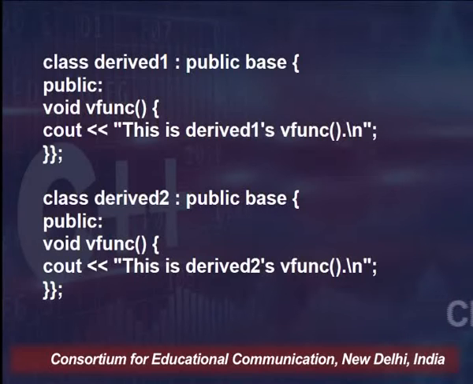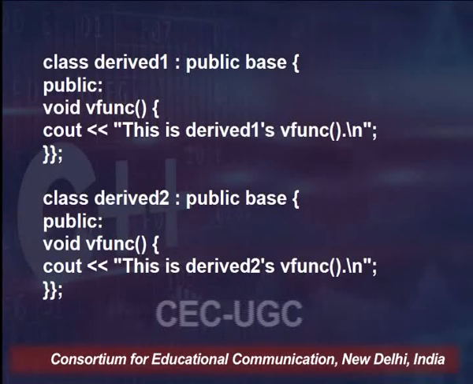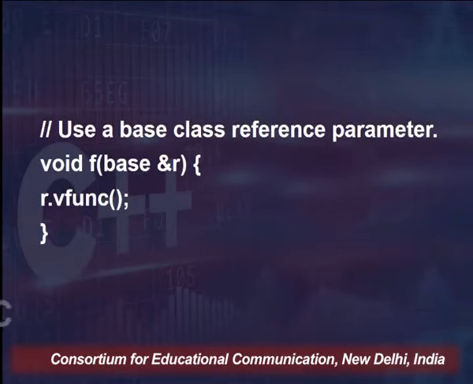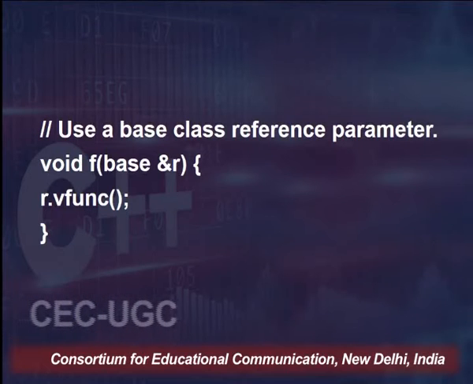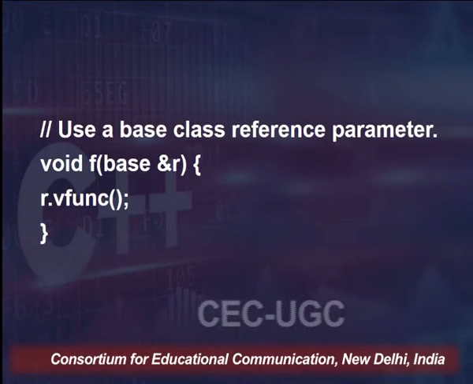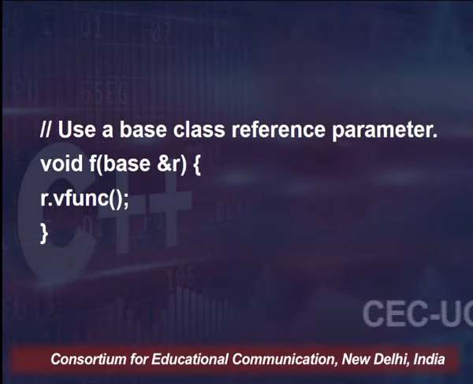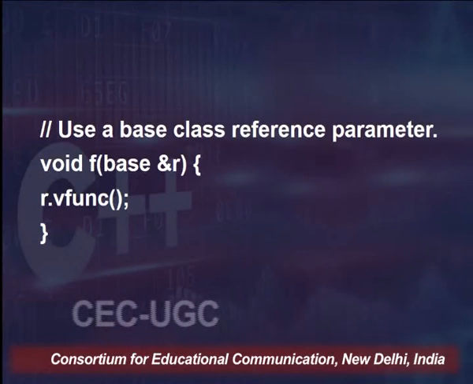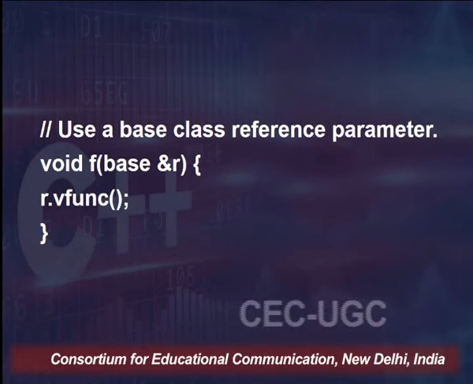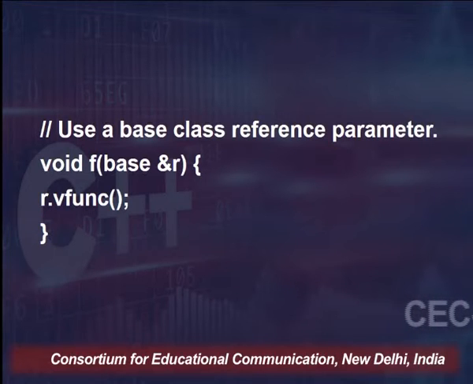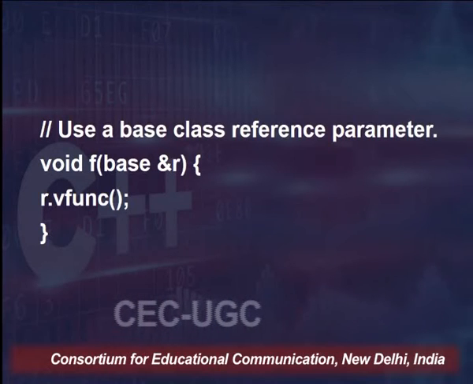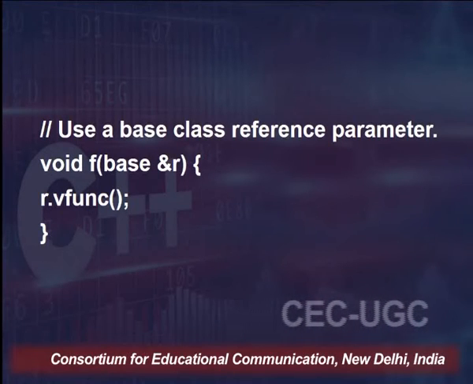This time we are not banking upon the pointer, instead we are trying to explore the reference. Now, when we want to use a base class reference parameter, as I have just told you, we are using one function, void f, and within that function we pass the reference of the base class, Base &r, and using that r we try to access vfunc.